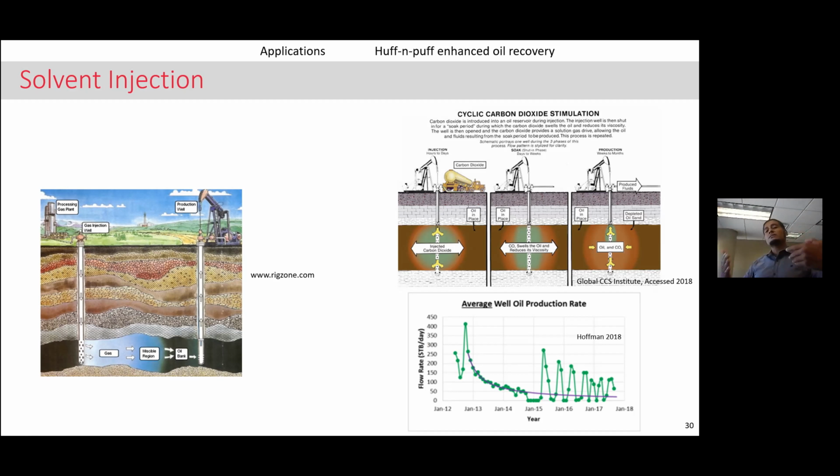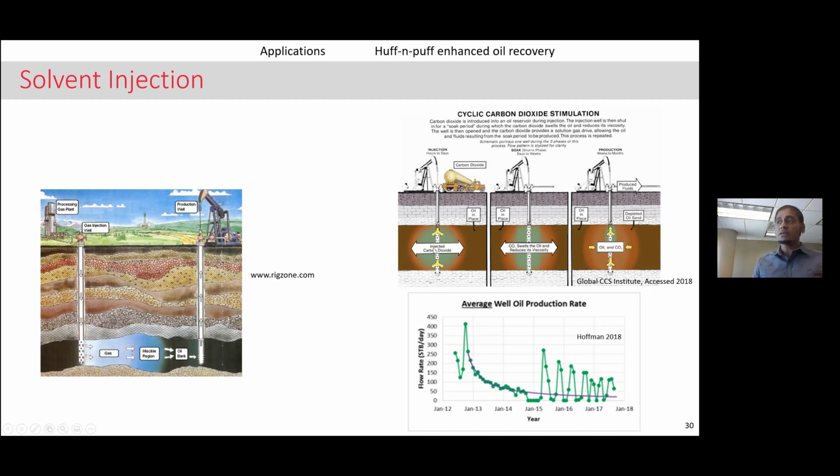So if you were to inject something over here today, you'd probably go out maybe only 3 or 4 inches in about a week or 2. So that's not too far. You want to be able to send your fluids out over extremely long distances if you have the connectivity. Since we don't have the connectivity, what we do is something called huff and puff.